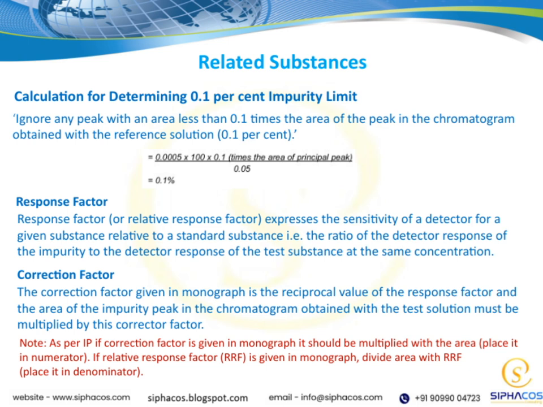This is the 0.1% impurity limit, which is crucial when we're evaluating related substances. Finally, when calculating whether the impurity level exceeds this 0.1% threshold, we base it on these response factors and correction factors to ensure accuracy and consistency in our assessments.